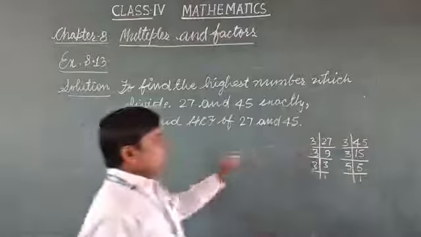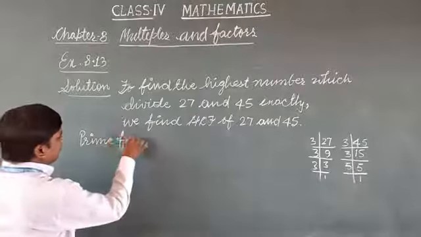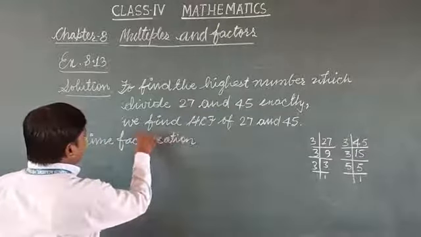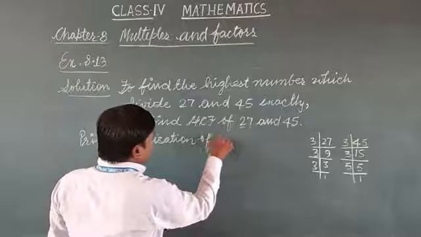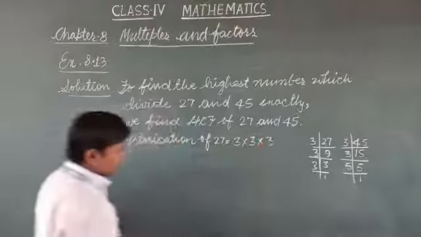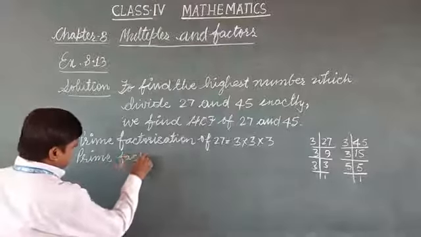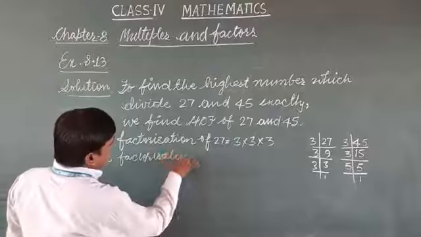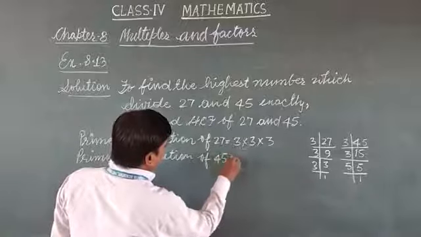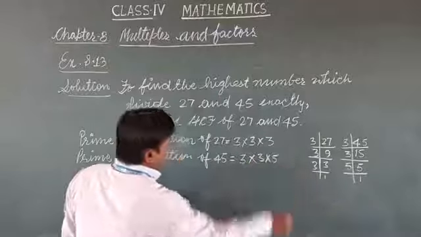So the prime factorization of 27 is equal to 3 into 3 into 3, and the prime factorization of 45 is equal to 3 into 3 into 5.